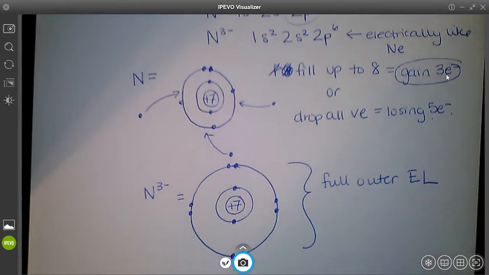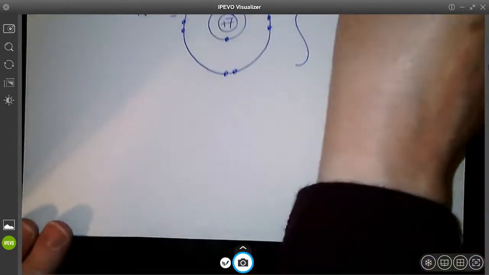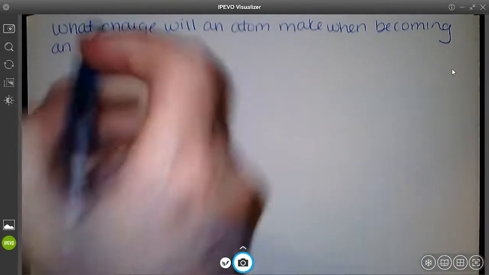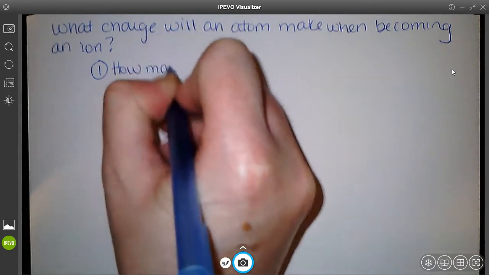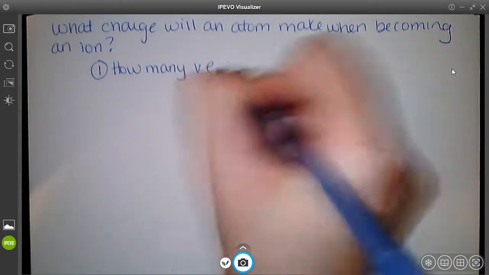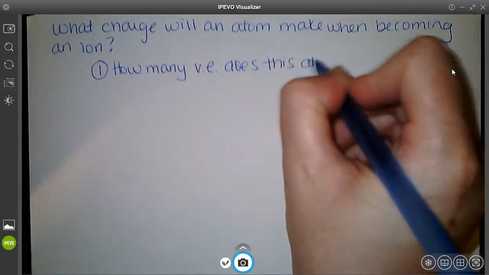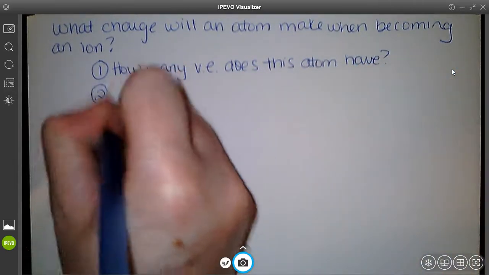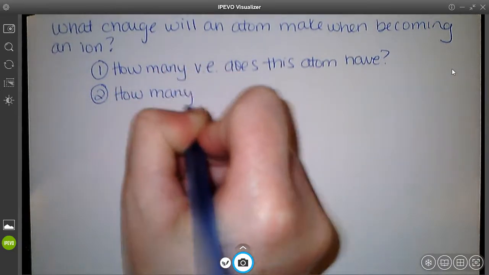Now if you're going to pick the charge of whatever your atom is, here are the questions that you need to ask yourself. All right, so what charge will an atom make when becoming an ion? The first question you want to say is how many valence electrons does this atom have? Then you want to say, well, how many to fill up to 8?